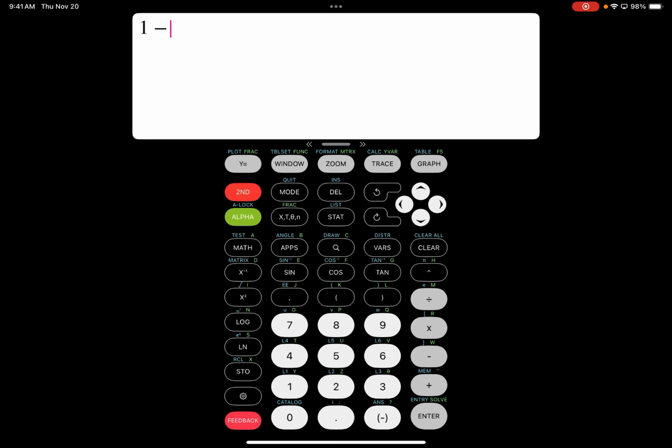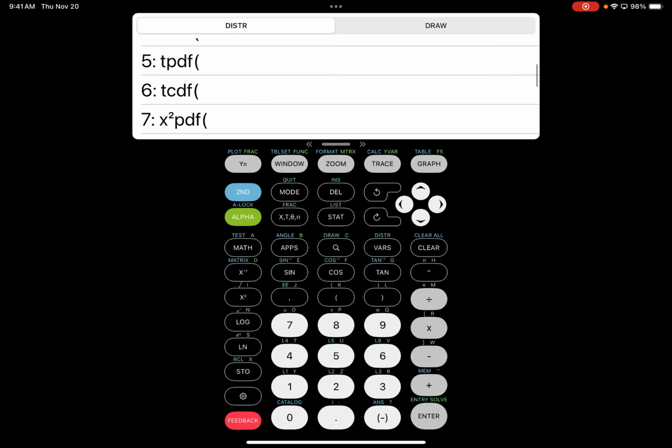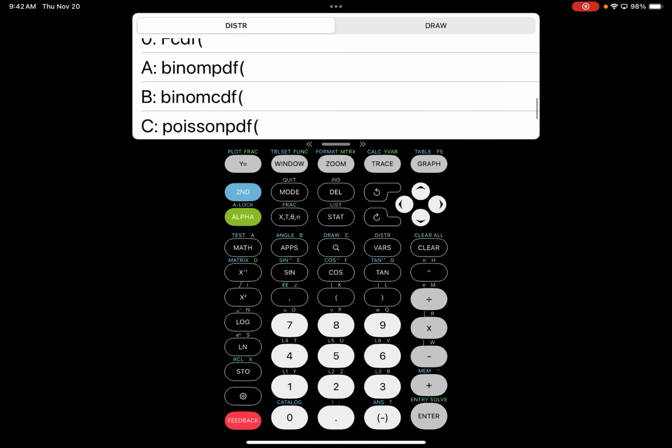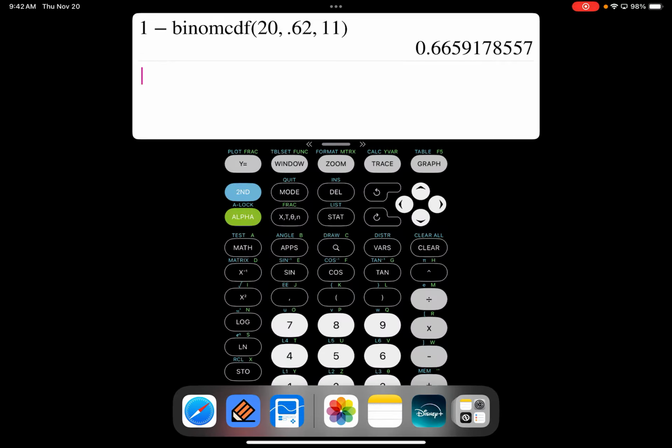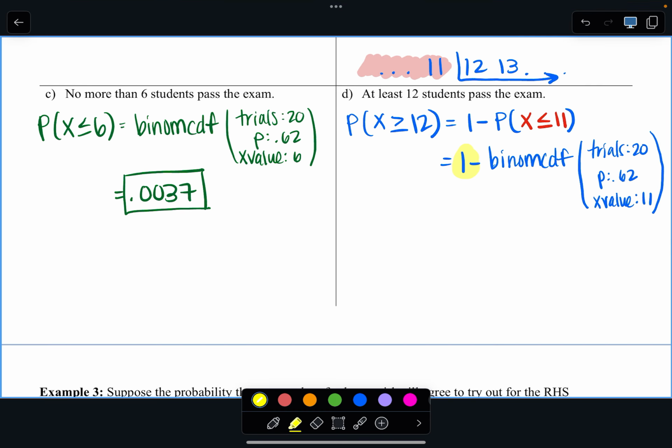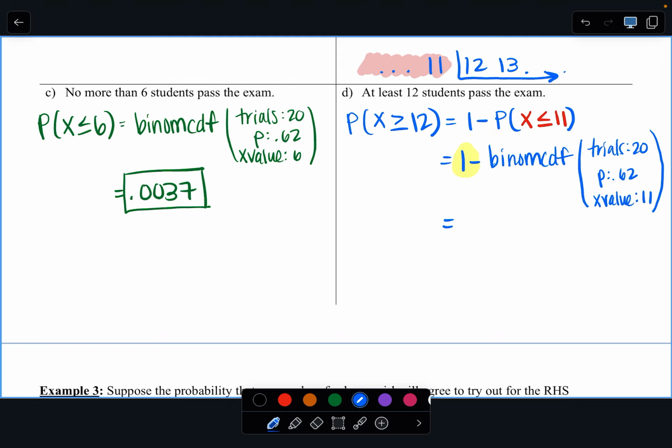And then I'll do second vars binom CDF. And then I'd have 20, 0.62, and 11. And then I get 0.6659. So I make sure that I have the 1 minus there so I don't make the mistake of not subtracting it from 1. So this is going to be 0.6659.